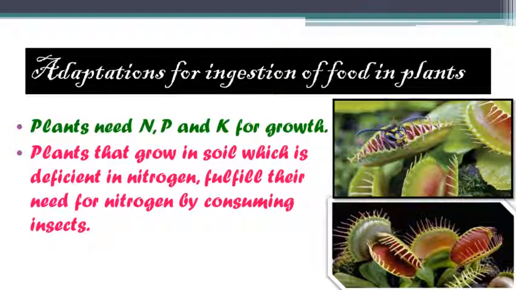These plants fulfill their need for nitrogen by consuming insects. You can observe in the first picture that it is trapping an insect. By trapping the insect they get their food. Adaptations are seen in these plants which serve to attract insects and hold them captive. So this is how they get their food.